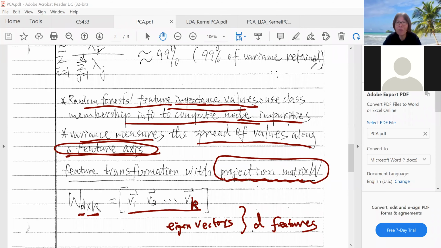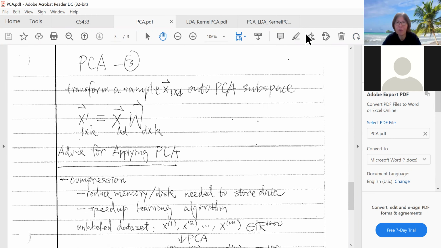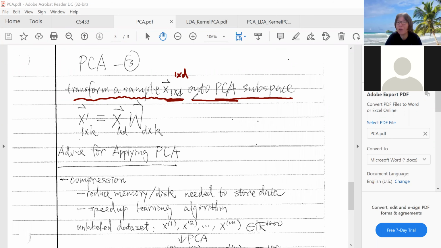And once we have this projection matrix, then we will be able to transform each sample, each sample is 1 by D, because you have D features, onto this new principal component analysis, PCA's subspace. So we can do this conversion.